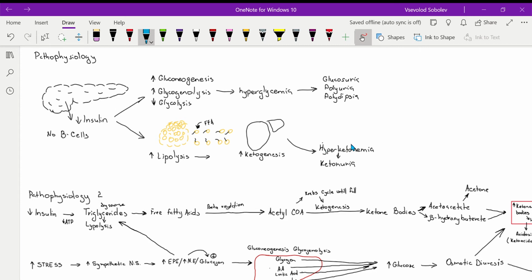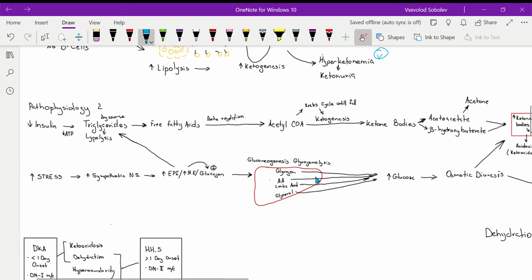Ketone bodies in the blood are called ketonemia, and when they're in the urine, it is called ketonuria. So that's the short version, and then the more in-depth one is right here.